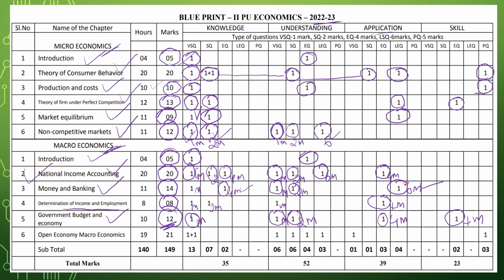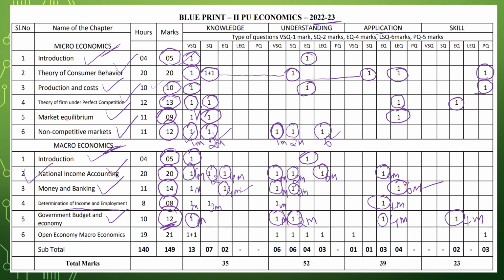This is the model question paper which is given along with this blueprint I am talking about. Few may follow this, few may not follow the same thing, so there may be slight changes. Sometimes they may ask a 6-mark question in the blueprint according to what I am talking about now.